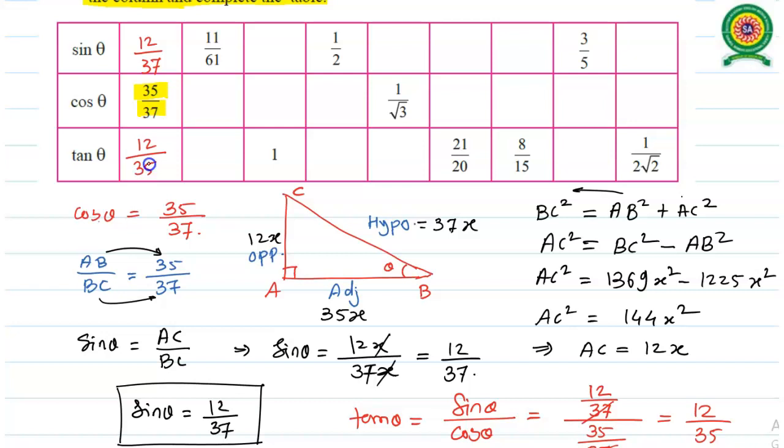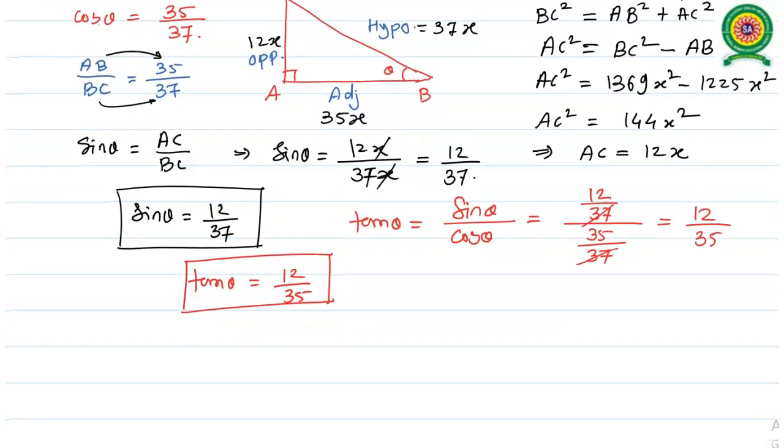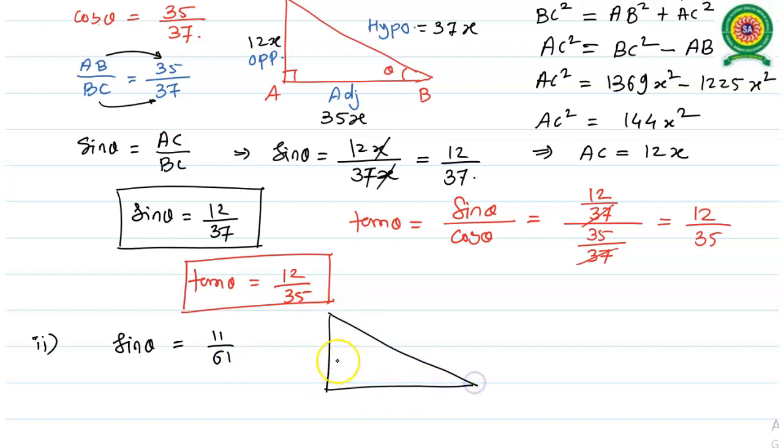Next to it, in the second column, we are given the sin θ value 11/61. Try to construct again a right-angled triangle.